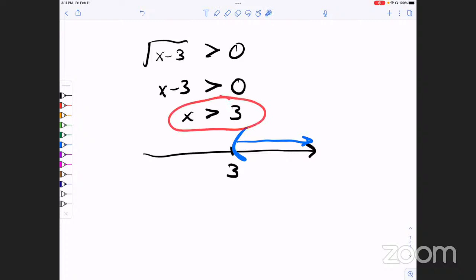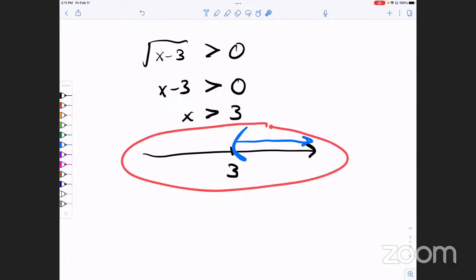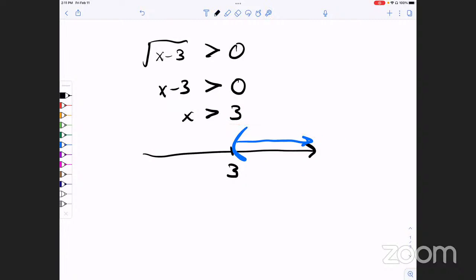This is set notation, and this line is the graph, but they generally want the solution in interval notation. The solution set goes from 3 to infinity. Infinity always gets a parenthesis, and because there's no bar under the inequality, 3 also gets a parenthesis.